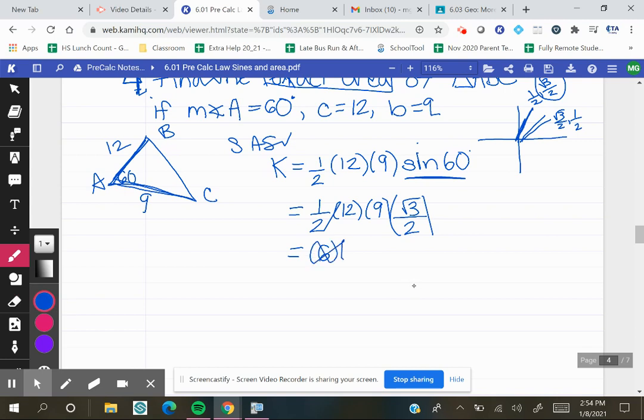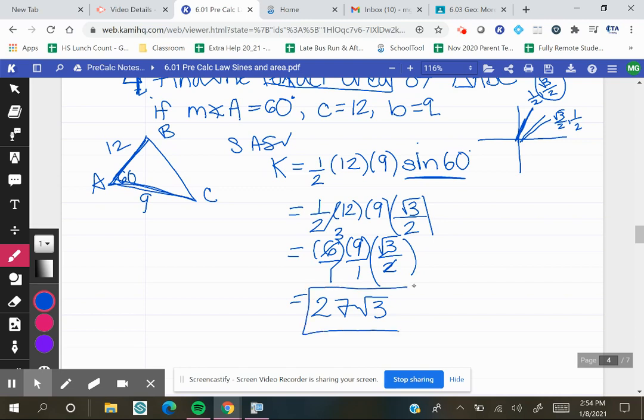Sorry, I'm looking like I'm crossing things off when I'm not. 6 times 9 times rad 3 over 2. I could also reduce that 2 with the 6 to give me a 3. So now I have 3 times 9 is 27. And I have a rad 3 left. So 27 rad 3 would be the exact area. And that would be just your units squared.